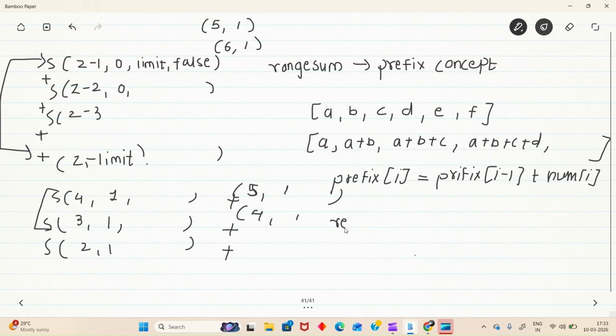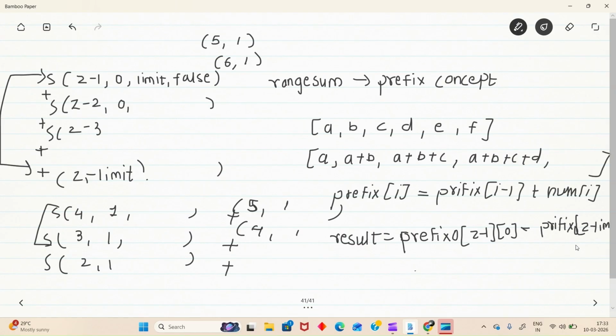Consider my result will be prefix of z minus 1 of o minus prefix of z minus limit and o. Here we have to consider, of course, why z minus 1, because that is the greater number and this is the smaller number.